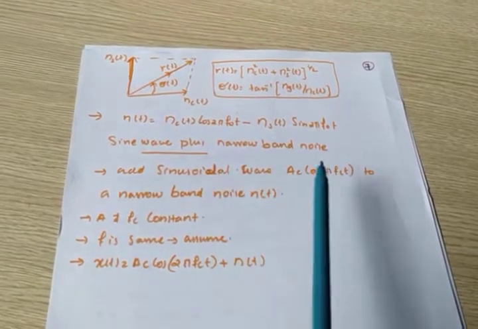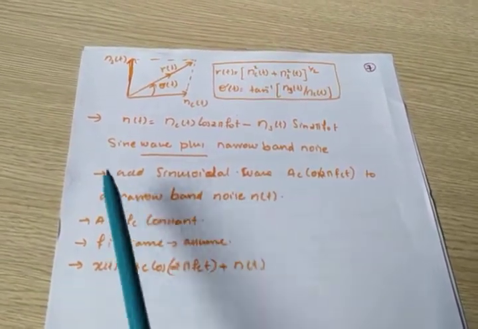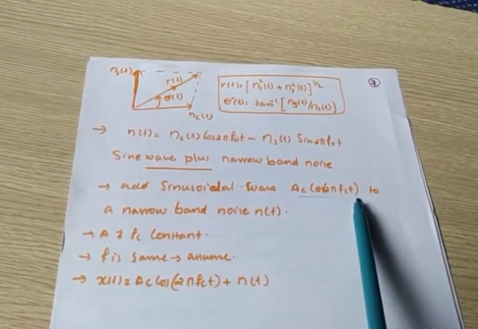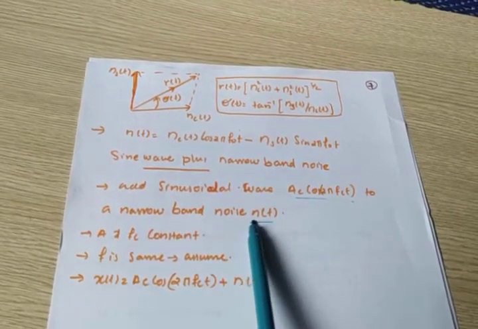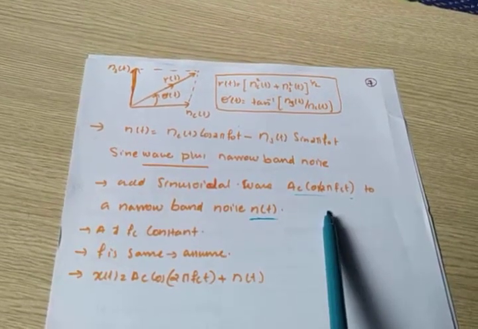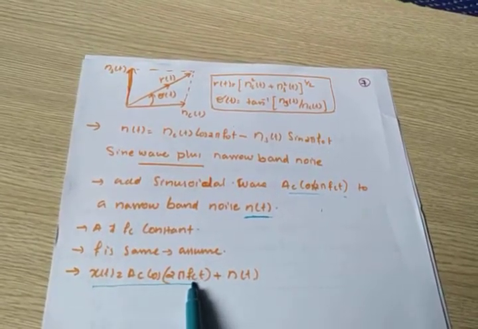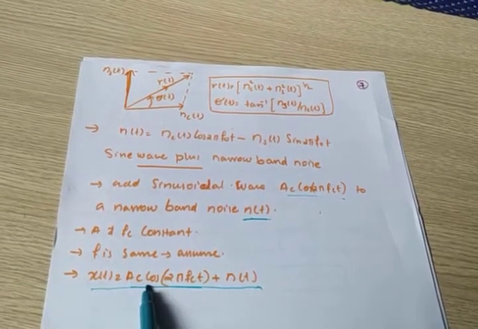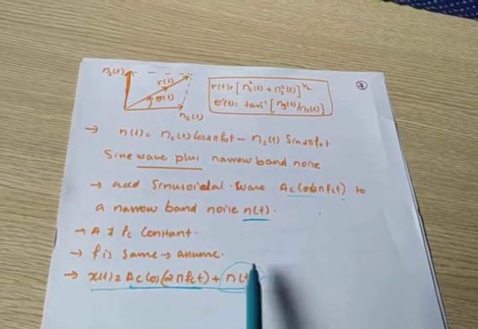Sine wave plus narrowband noise is represented as follows. Consider a sine wave Ac cos 2πfct, and suppose we add a noise n(t) to the signal. So x(t) can be represented as Ac cos 2πfct + n(t). This is our sinusoidal input wave, and n(t) is the noise added to the system.